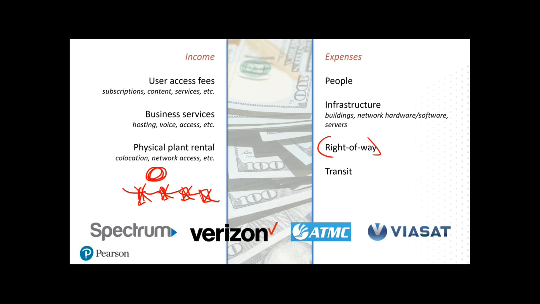Now, another form of right of way is just getting next to a street. If you have a street with a bunch of houses on it, and you're going to bury an optical cable down the street to support all these houses, the city is going to want a fee for burying that cable in their right of way.